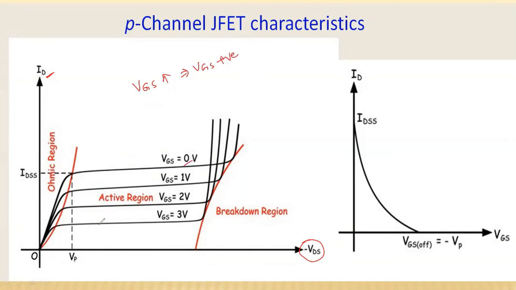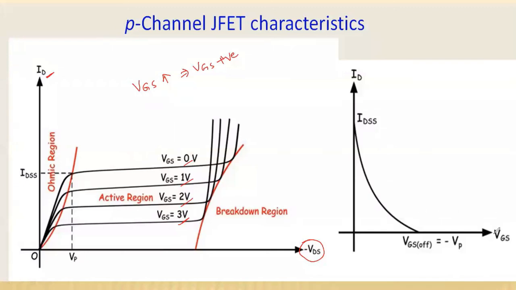Initially when it is zero, maximum current flows, and if you go on increasing the positive voltage at the gate source junction, it increases the depletion layer width. Therefore, as you increase VGS, current decreases. Same as the N-channel JFET, the only difference is that there VGS was negative, here VGS is positive.